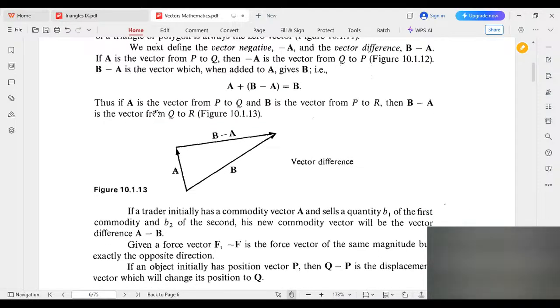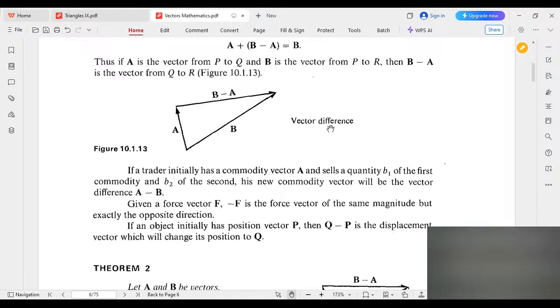Thus, if A is the vector from P to Q and B is the vector from P to R, then B minus A is the vector from Q to R. This is the vector difference.